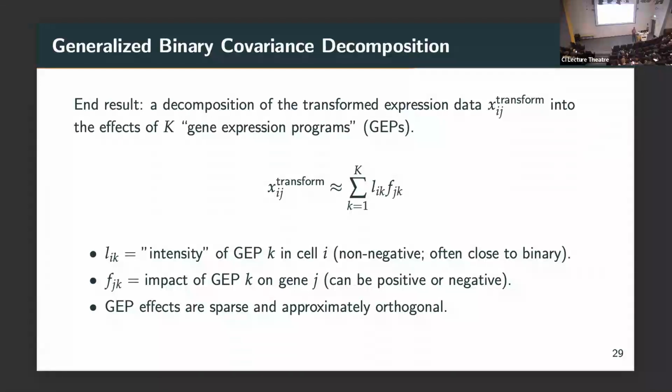The cells have memberships in biological processes. Think of that as how intense is that biological process in that cell. That can't be negative. It could be 0 if it's not present, or 1 if it's maximally present, or somewhere in between. Whereas the F's represent the impact of that biological process on each gene. Those can be positive or negative because genes can go up or down as a result of a biological process. So that's the interpretation of these.